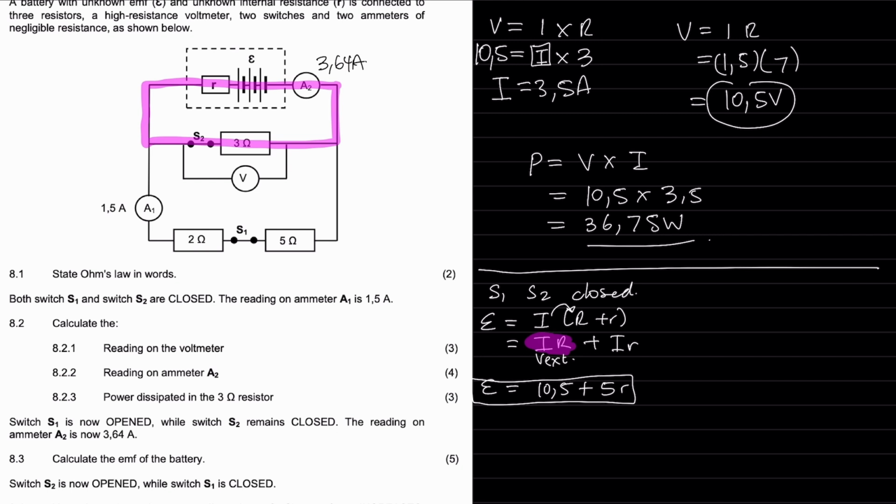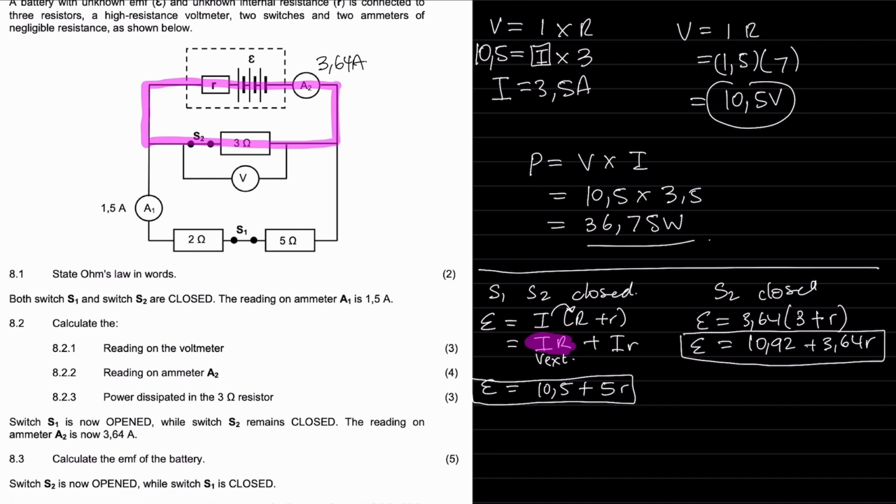Now let's look at when S1 is open, or rather when S2 is closed. We're going to say EMF is equal to, now the total current is 3.64. My total resistance is 3, and then plus a small r. Let's distribute. So EMF is equal to 3.64 times 3, that's 10.92, plus 3.64r. Now the EMFs are the same, so we can equate these two.